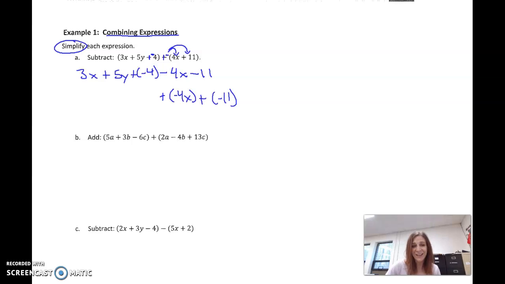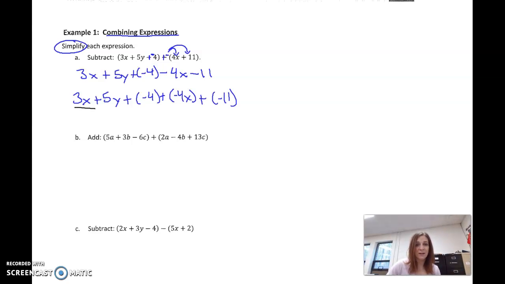See how it ends up being the same thing? Subtracting 11 is the same thing as adding the opposite of 11. So it's really going to depend on your comfort level, and I promise you're going to get better with this the more you work on it. But when you have that minus and everything's in parentheses, you have to think of it as subtracting everything in there.